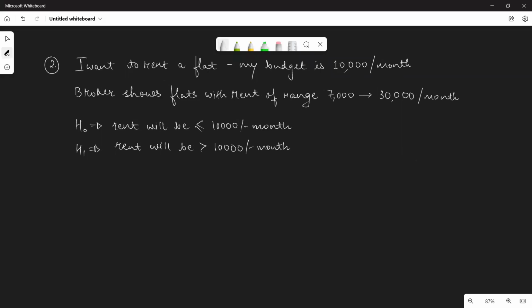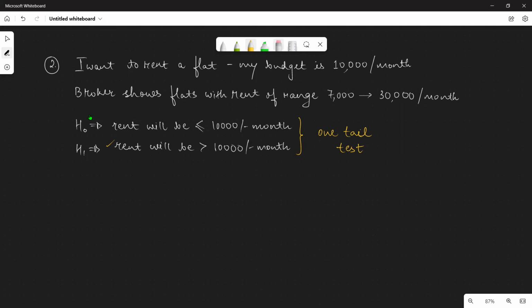Yes. Now just observe this. In order to reject H0, how many conditions do we have? Just one condition. So this is an example of a one-tailed test.